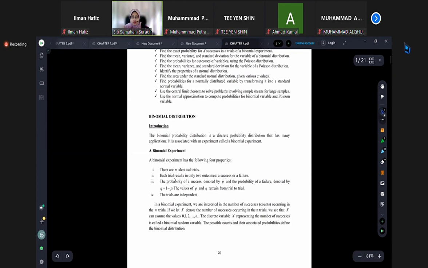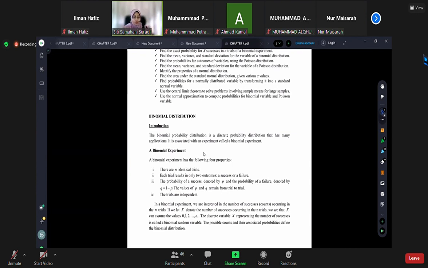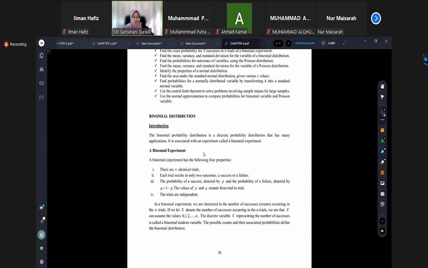The probability remains equal. So that means P equal to 0.25, for example, and Q is considered 0.75, the failure. All right.